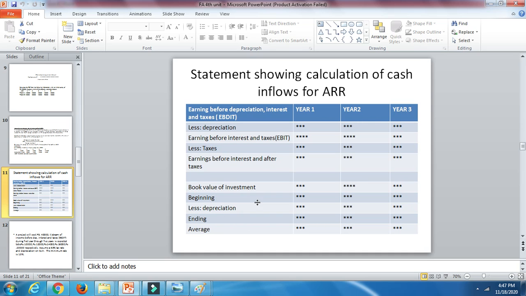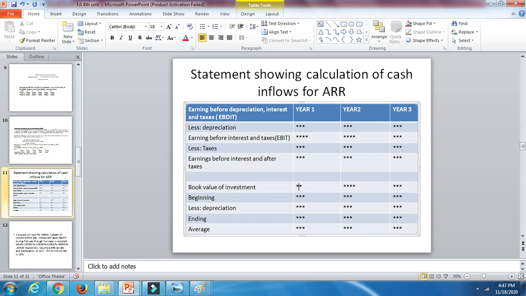So for that, you need to use this format: book value of investment, beginning, less depreciation, ending, and average. Let me show you how we are going to do it. So we are going to calculate the book value of investment now. This is a subheading as such.